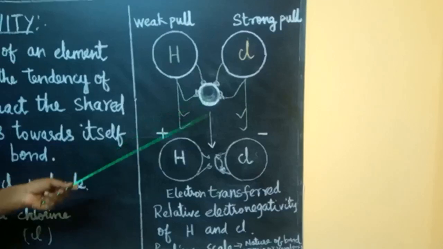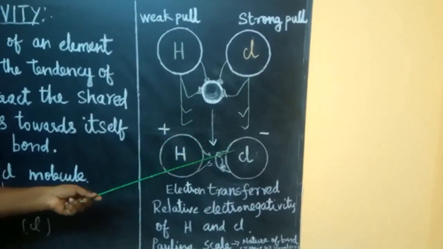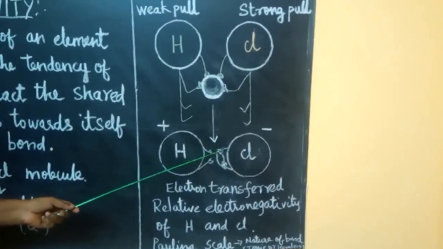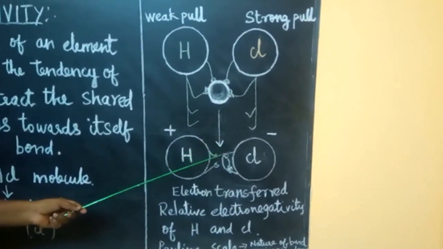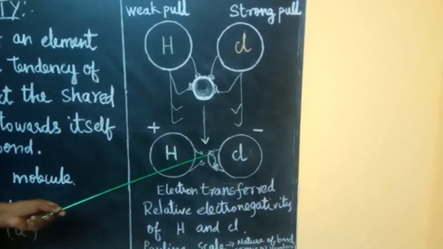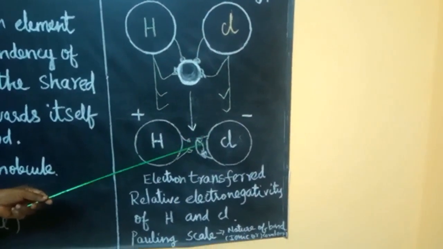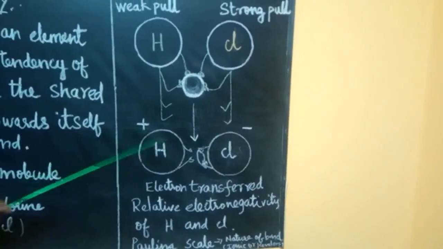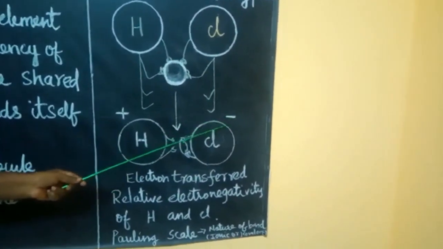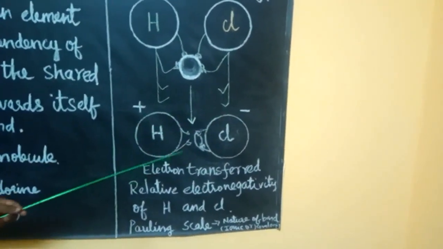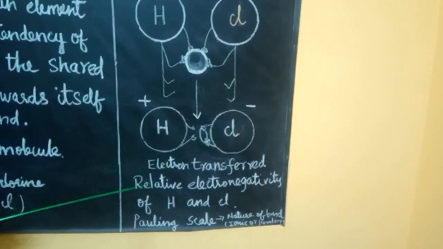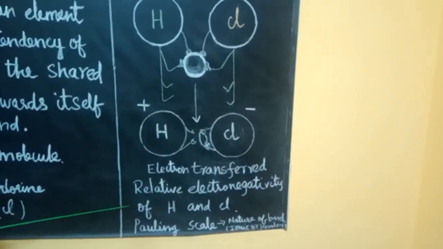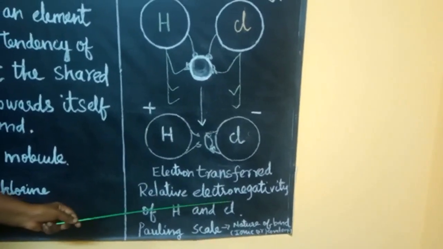When the bond breaks, chlorine takes the electron towards itself, producing H plus and Cl minus. So the electron is transferred. This is the relative electronegativity of hydrogen and chlorine.